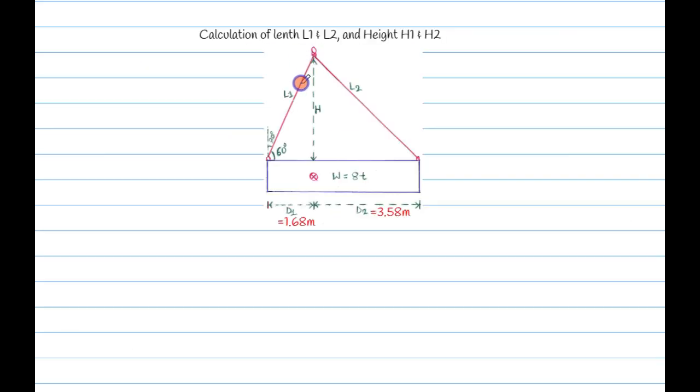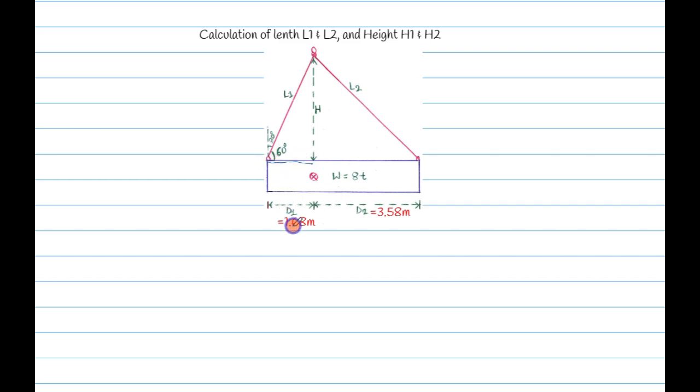Now to get the length of L1, L2 and the height h, we need to use another mathematical formula, which is trigonometric ratio, because we know this side and we know one of the angles.